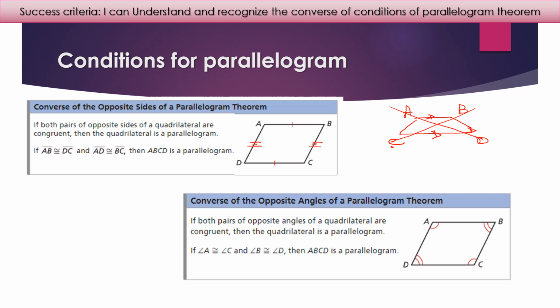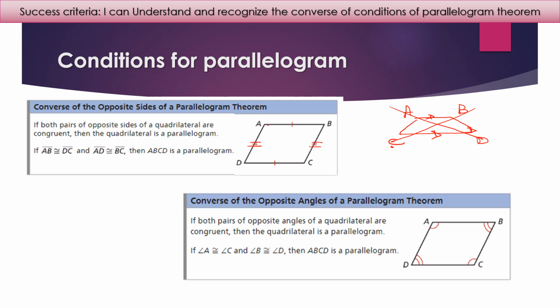Not every four-sided figure is a parallelogram. Only a figure whose opposite sides are congruent to each other is a parallelogram. If, for example, AB and DC are congruent, but AD and BC are not congruent, then we cannot say that the figure is a parallelogram.